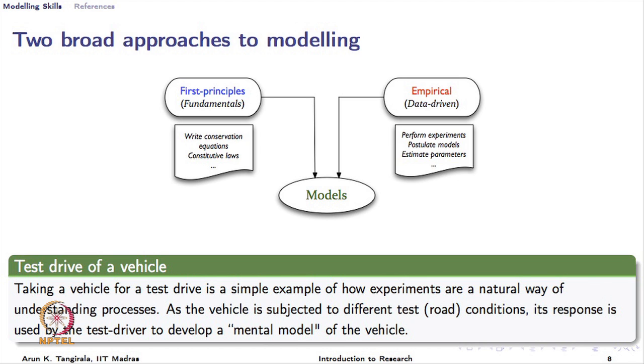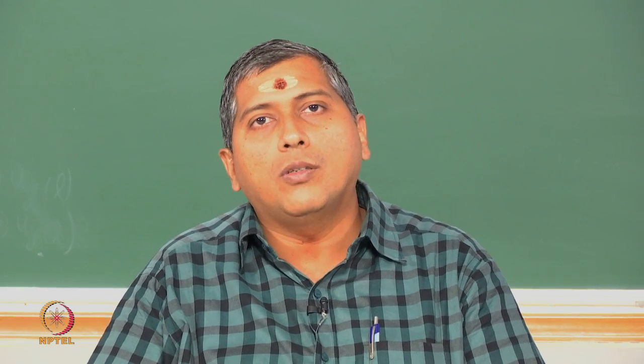On the other hand, when we really sit in courses in automobile engineering, mechanical engineering and so on, or in engineering design, we do learn what the mechanics of a vehicle are through equations, through first principles understanding and so on. So, that has its place, while empirical modeling has its place, but increasingly a lot of people are turning to empirical modeling, primarily because many processes that we are trying to understand are quite complicated, quite complex for us to write a first principles model.